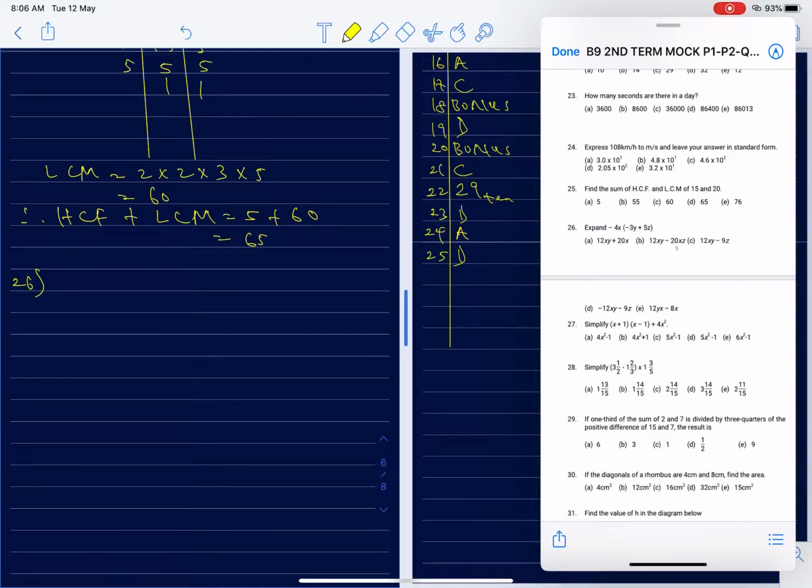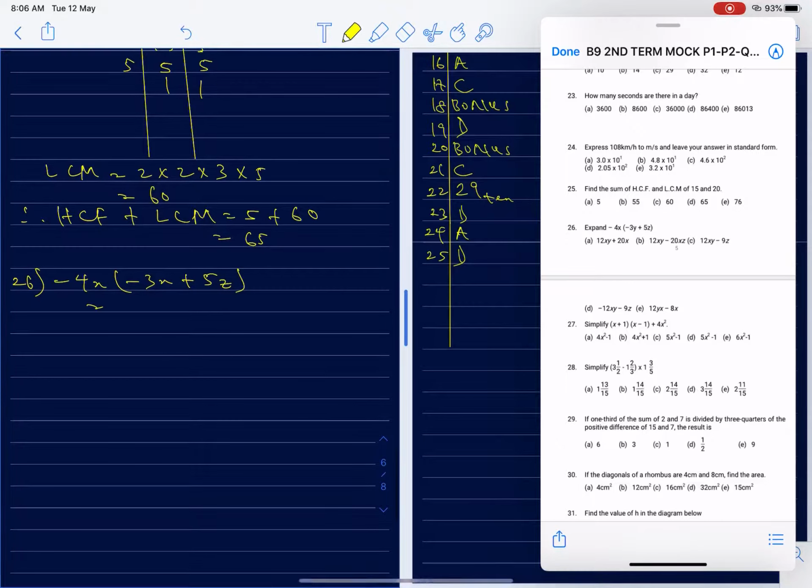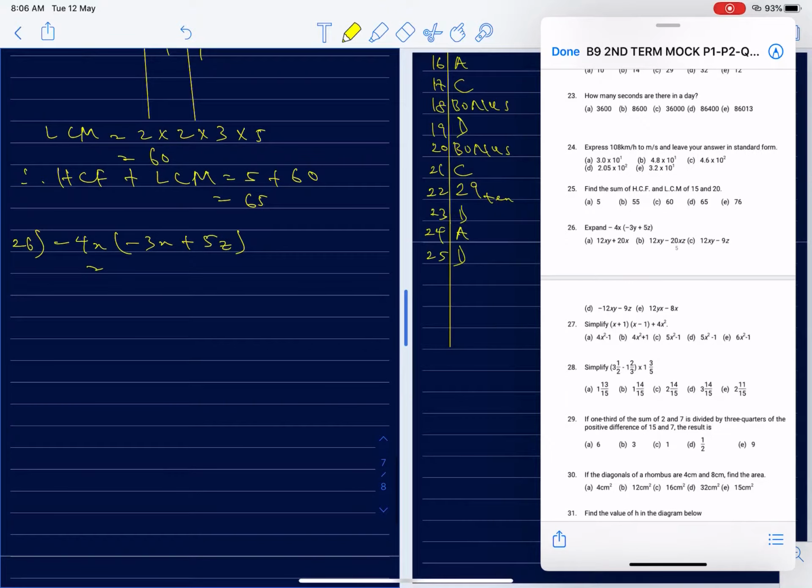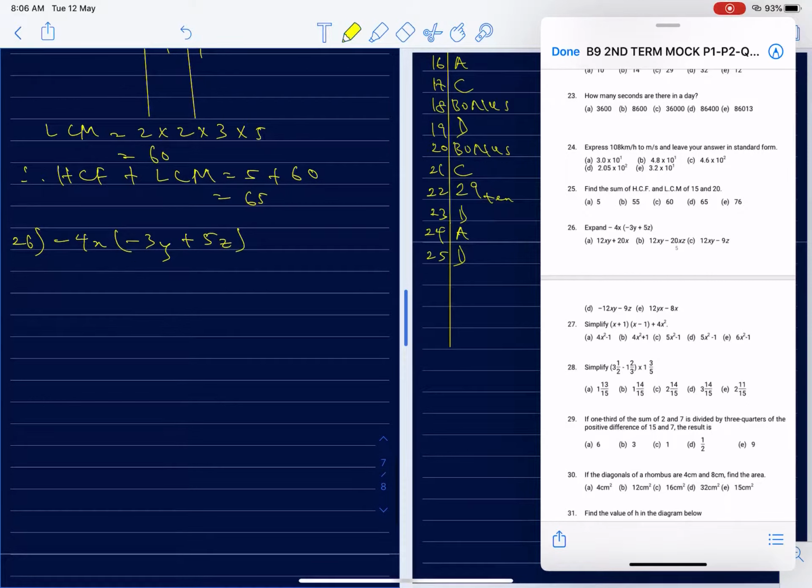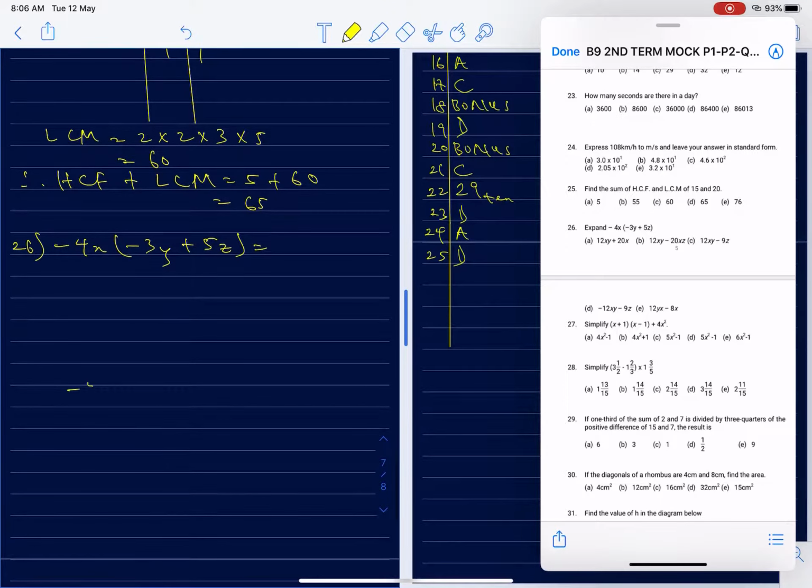26 says expand minus 4x times minus 3y plus 5z. When we are expanding, we are just opening brackets. That's equal to minus 4x times minus 3y.